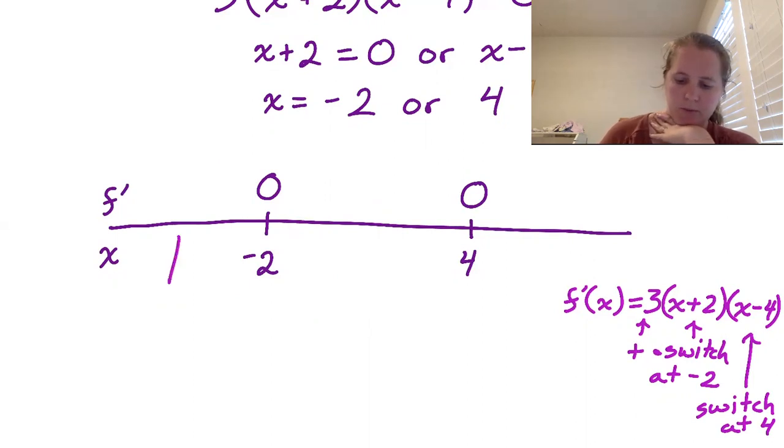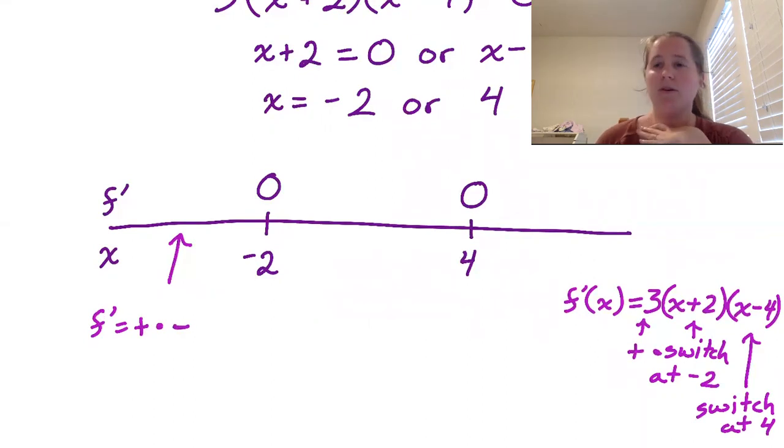So if we pick some point before negative 2, f prime, we have the 3 is positive. Then the x plus 2 term will be negative. If we're below negative 2, add 2, we wind up negative. And then x minus 4 term is also negative. So we wind up with a positive.